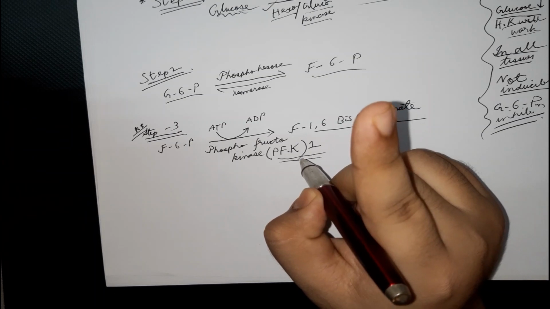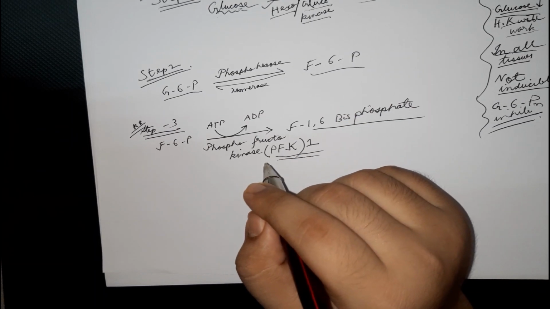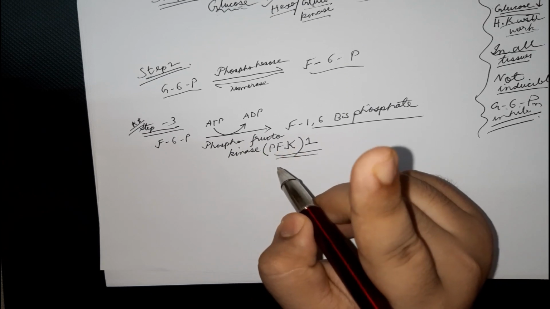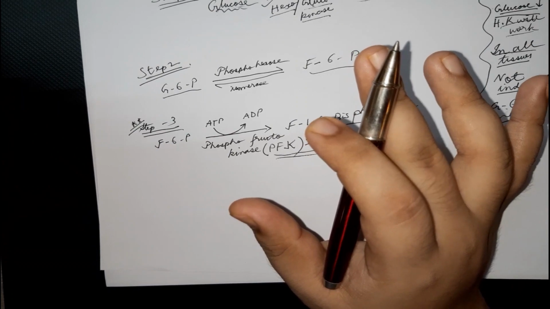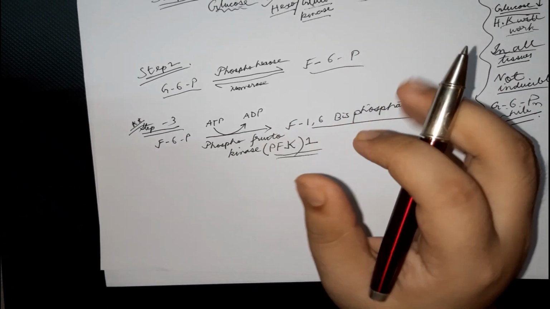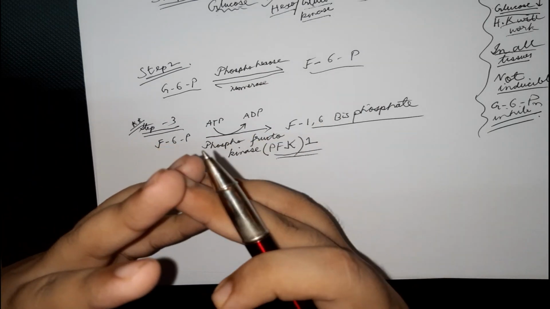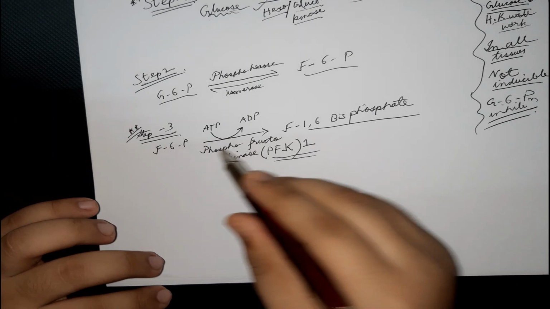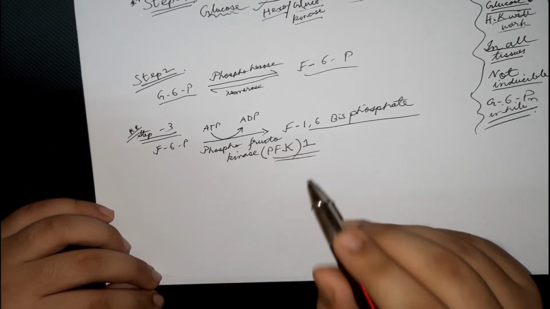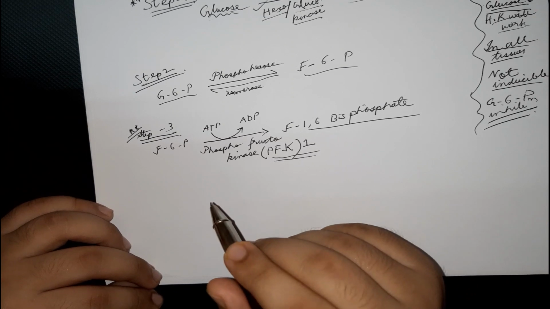Then what's the job of PFK2? We'll talk about PFK2 a little bit later, when we talk about regulation. So we are building up a lot for regulation, right? So PFK1 is the enzyme used for fructose 6 phosphate to fructose 1,6 bisphosphate, and it's a very important enzyme. It's a key enzyme.